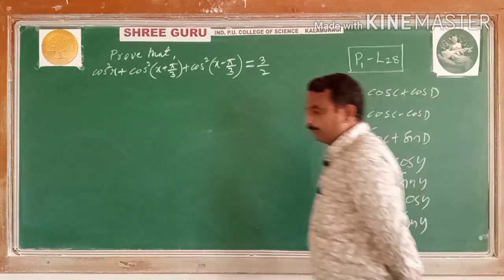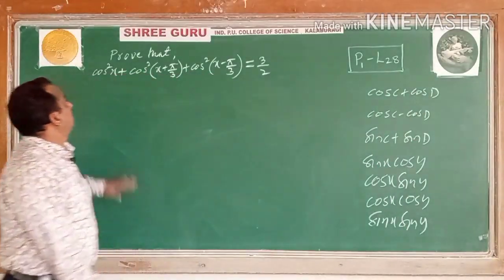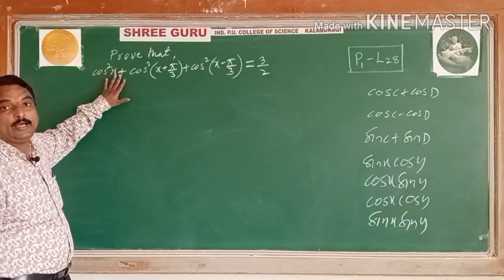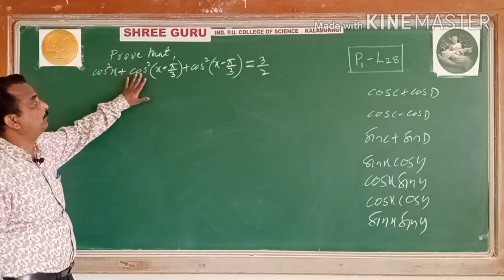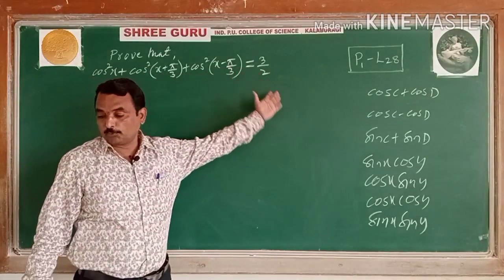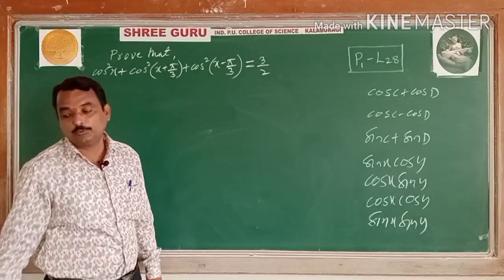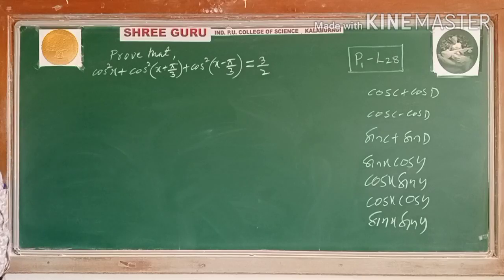You have them in terms of products and sums, but you don't have them in terms of squares, cos square c, cos square d. But here the sum of the three terms you have to prove as 3 by 2.